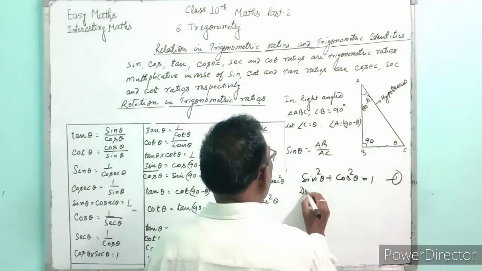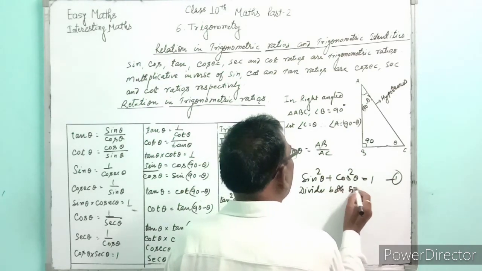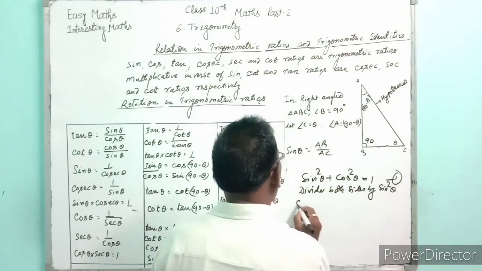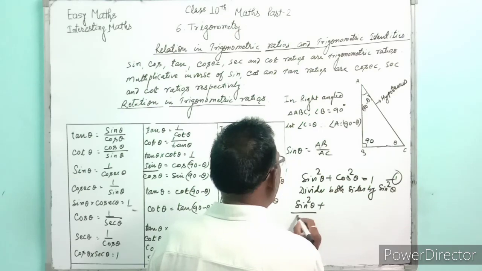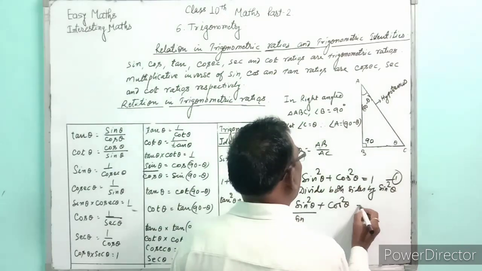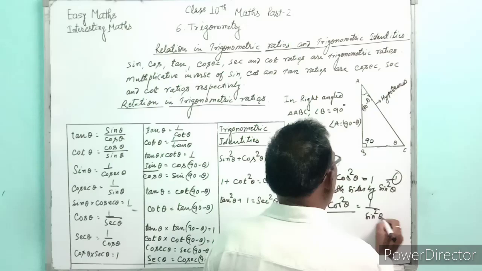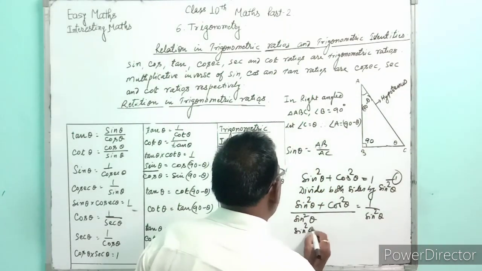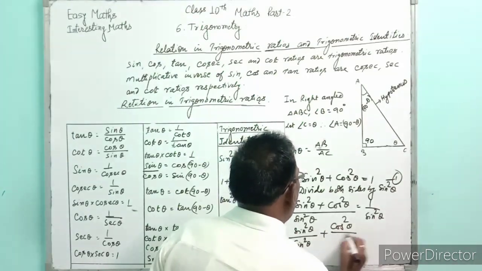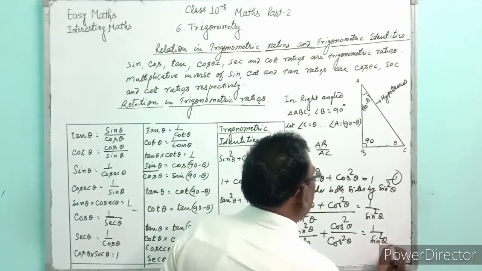Now, divide both sides by sin square theta. So, sin square theta upon sin square theta plus cos square theta upon sin square theta is equal to 1 upon sin square theta.